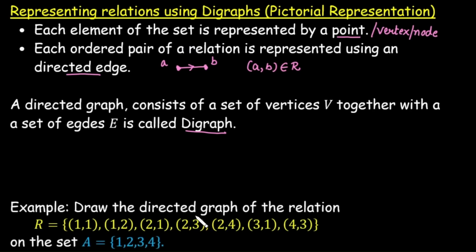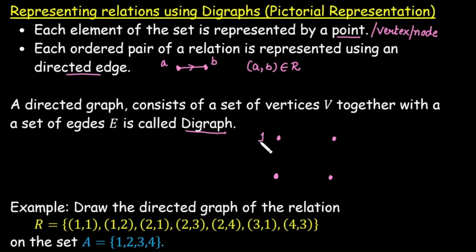Suppose we need to draw the directed graph of this relation that is on the set A. In set A, we have 4 elements. So the first thing is we need to take 4 points. It is up to you how to draw these 4 points in a plane. Right now I have taken the 4 points this way.